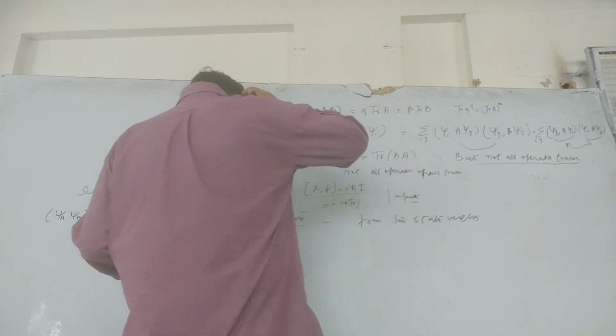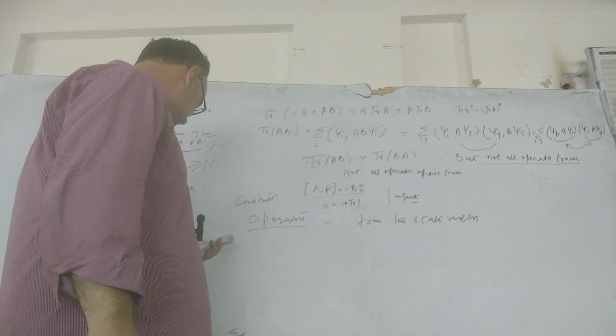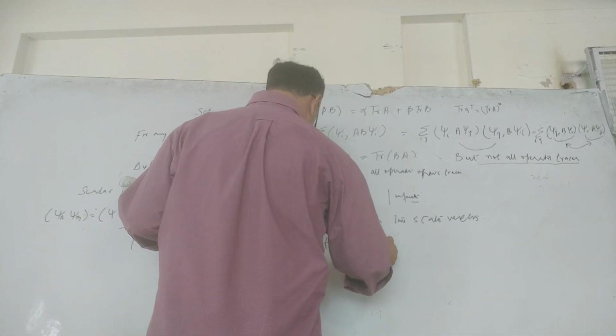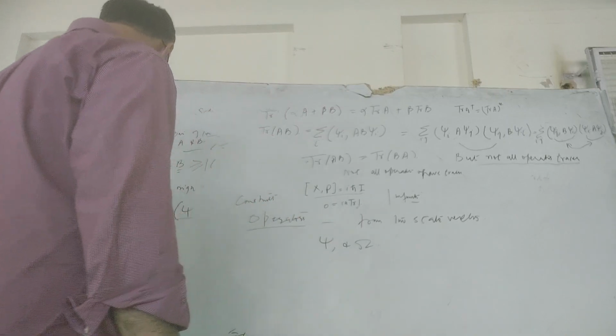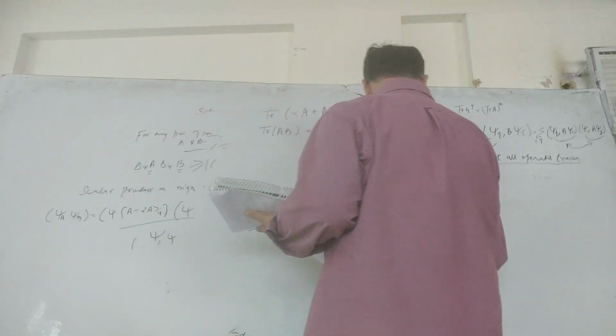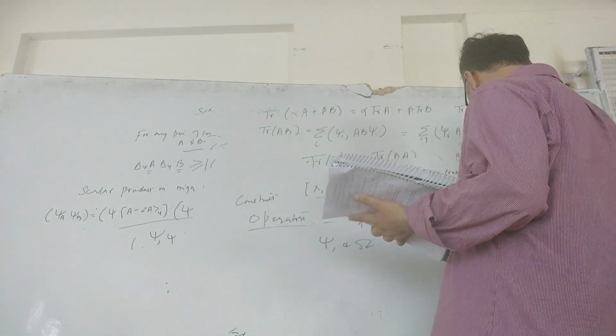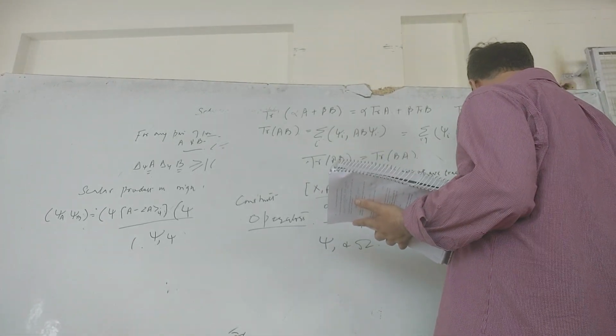For two state vectors psi and rho, we may define a linear operator psi rho dagger. It's also known as a dyad.